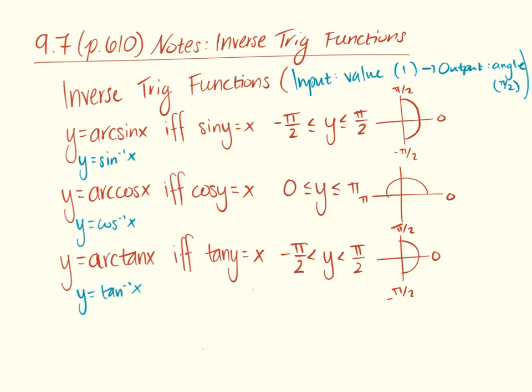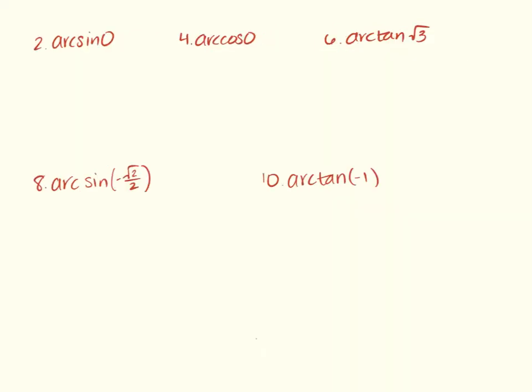Okay, so let's look at some examples. In number 2, they want us to find arcsine of 0 without a calculator. So first thing I'm going to do is set it equal to y because that's going to be my output, right? And I know I'm going to get an angle. And then I'm going to use definitions of inverses to say that sine of y has to be equal to 0. So sine of our angle has to be equal to 0.